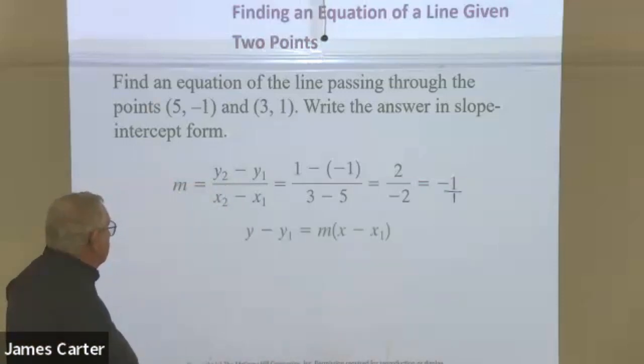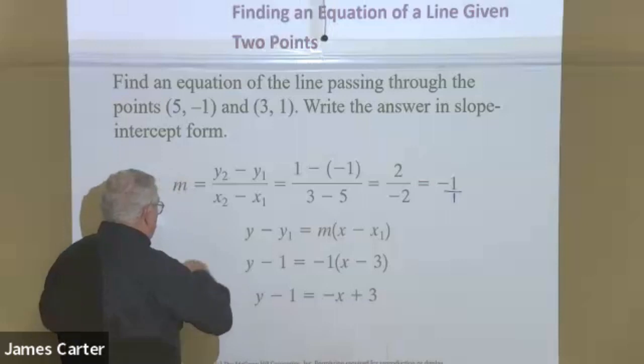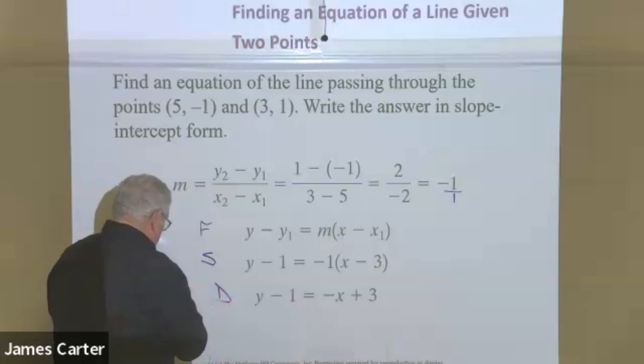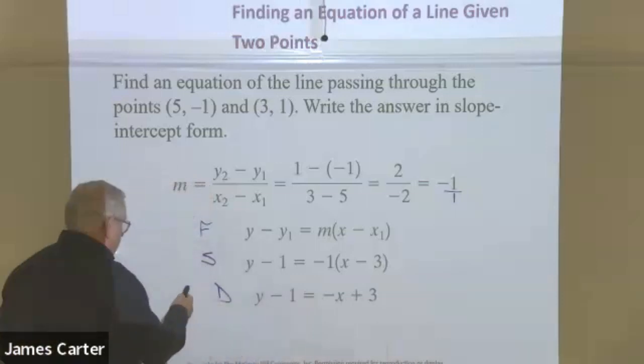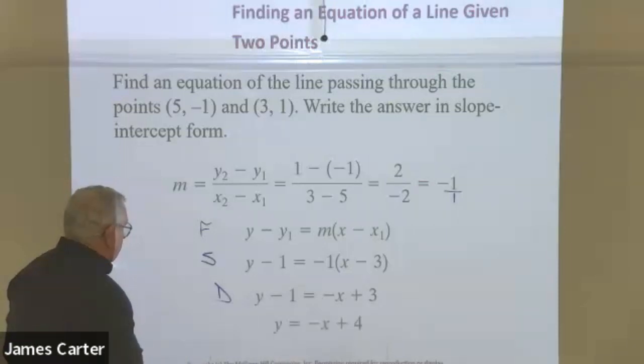Here's the formula. Here's the substitution. We've done the distribution. Okay? So formula, substitution, distribution. Now, we got to take this 1 over to the other side.